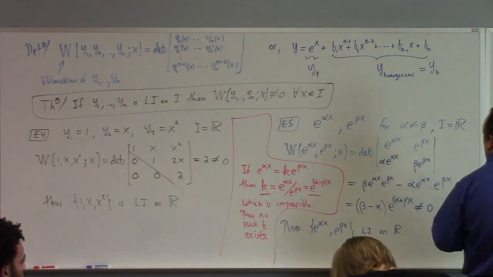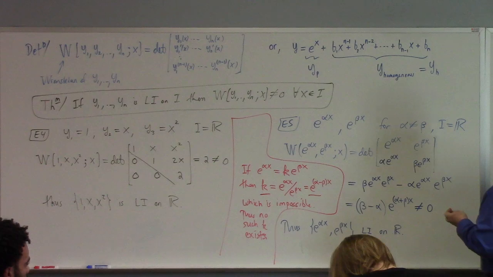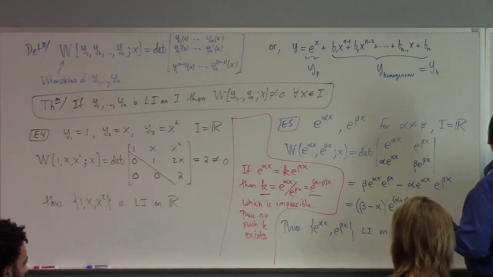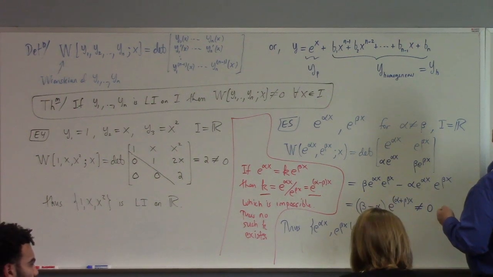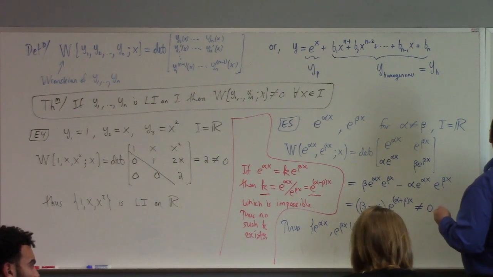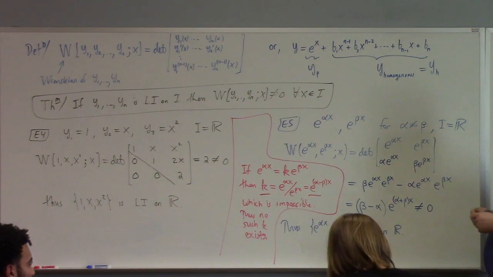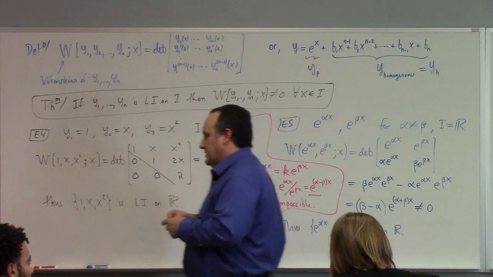Let's see here. Example 6: how about if we have y1 is e to the lambda x and y2 is x e to the lambda x? How would you prove those are independent?